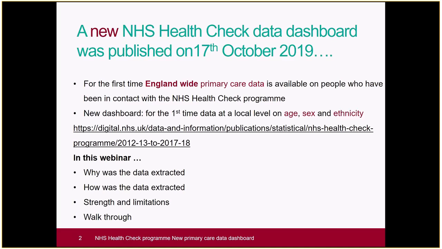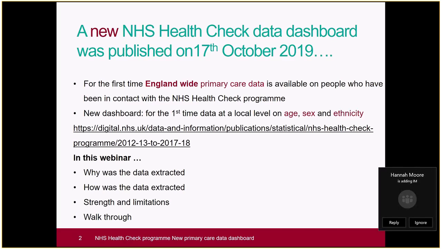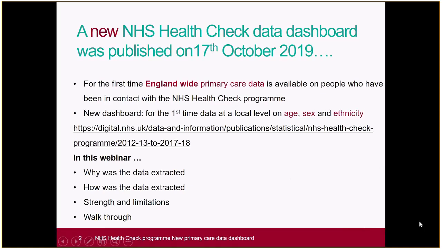So for the first time, England-wide primary care data is available on people who have been in contact with the NHS Health Check program. We've got information on over 10 million patients. Today we're going to present the first output from this big data set, which is the presentation of data at local level, so CCG level or local authority level, for people who have been in contact with the program, broken down by age band, sex, and ethnicity.